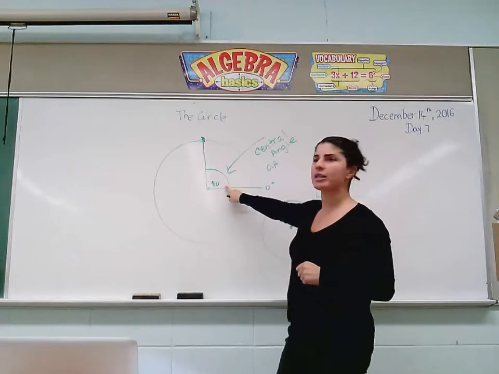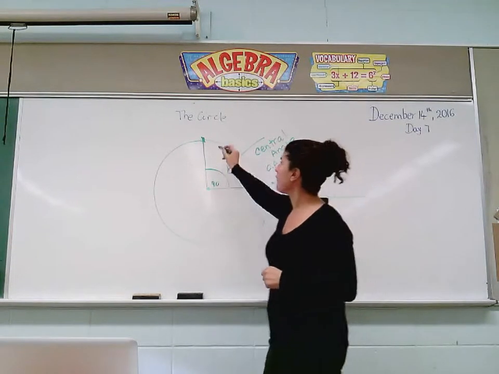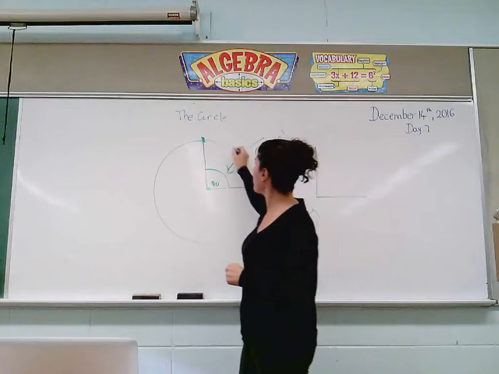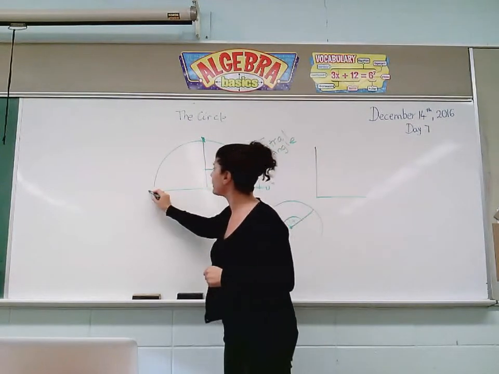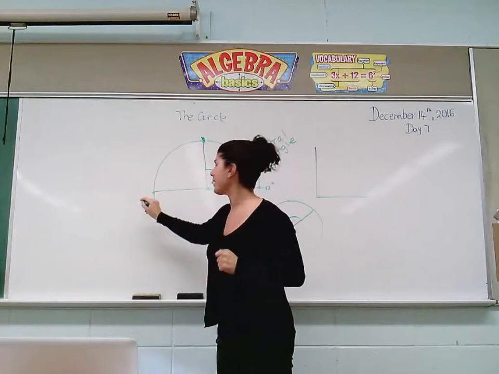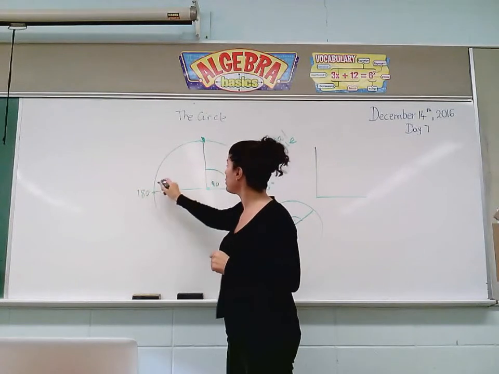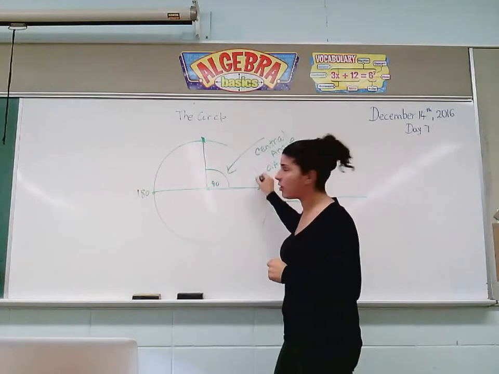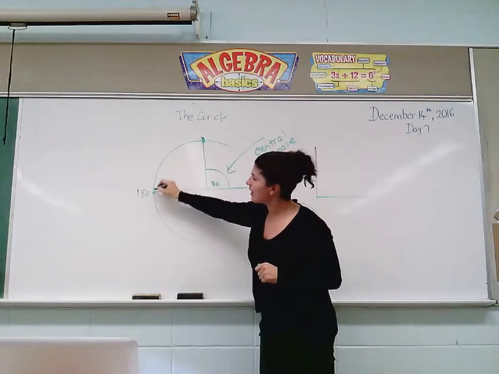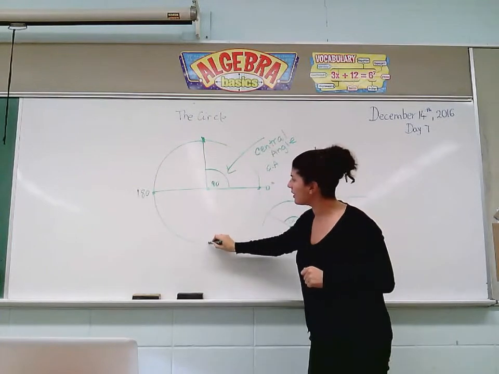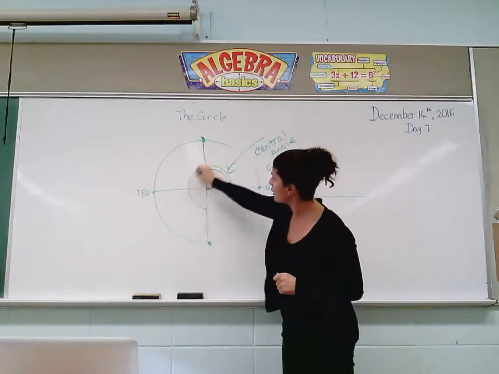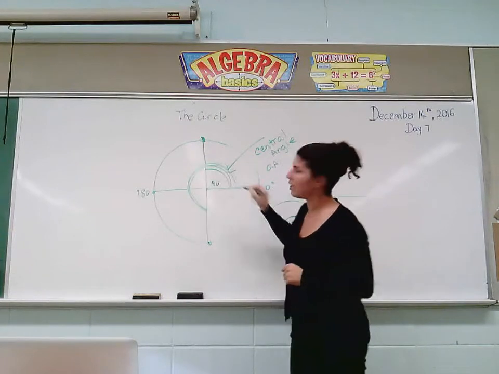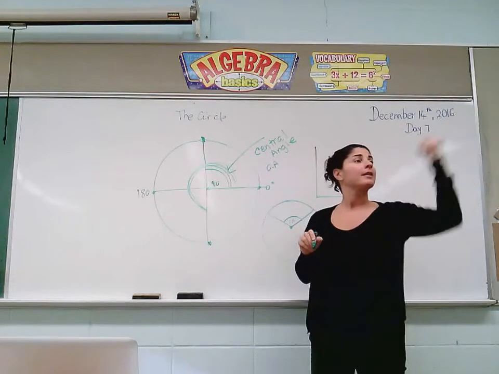So right here is a central angle of 90. If I were to go from 0 and go all the way to this spot here and make it straight, what would this angle be? 180. And if I would continue, so I would start at 0, go to 90, then I'm at 180, and I would go to this angle, which means that I would now have a line here, and I would ask you for this central angle. Who thinks they know how much that is? 270.